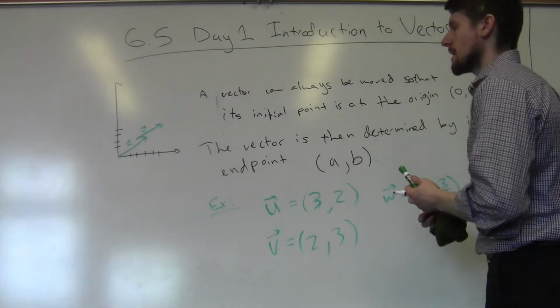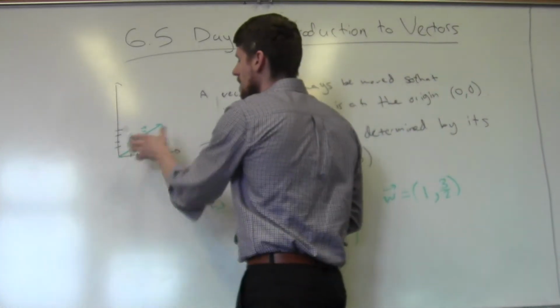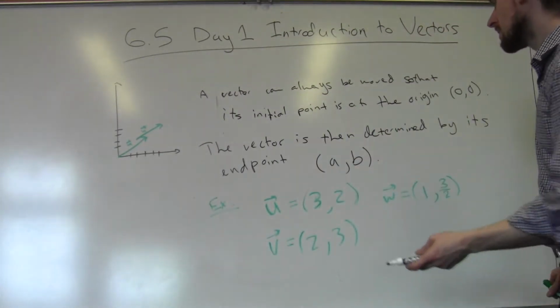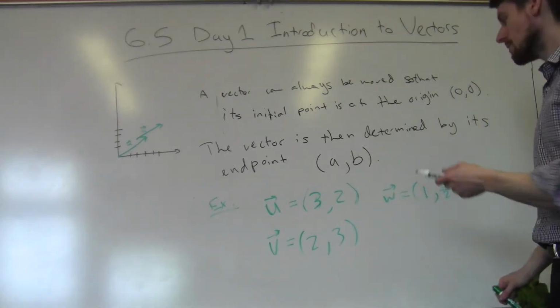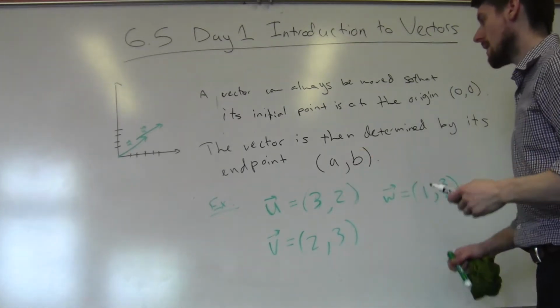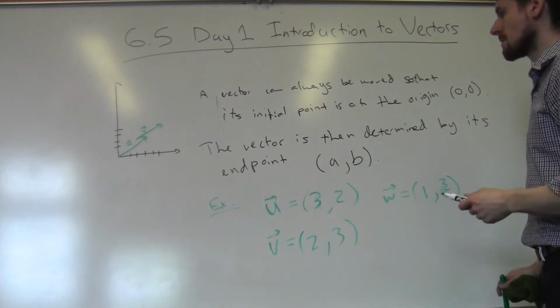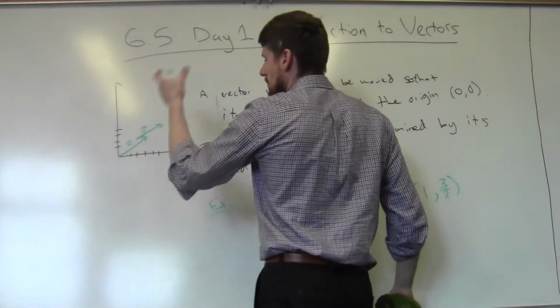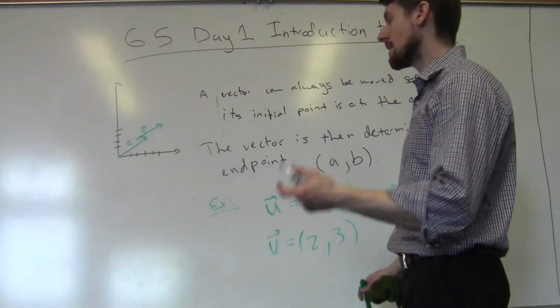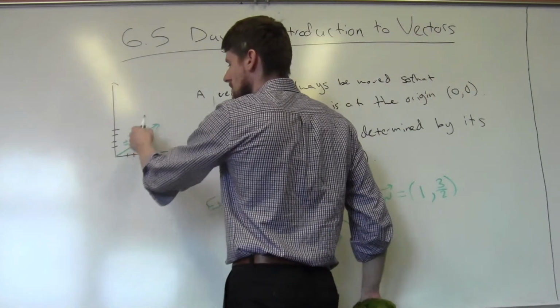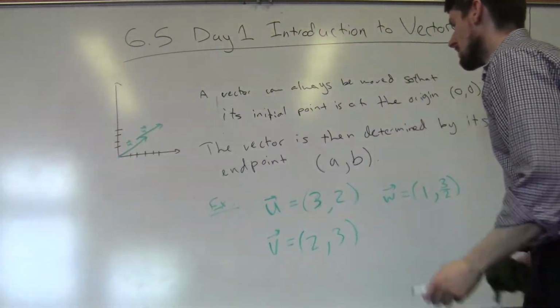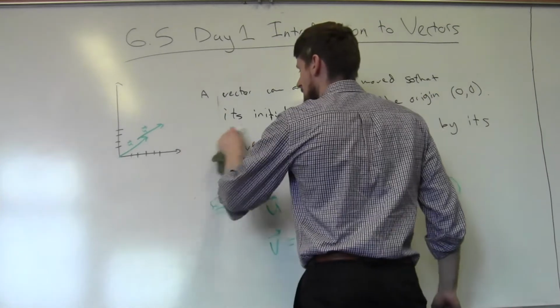Now you might ask the question, how do you figure out the length of this arrow? How do you talk about the magnitude when you know these points, when you know the endpoint of the vector, like this? Well, the length is simply the Pythagorean length. It's the length of this right triangle, the hypotenuse. So let's determine that.